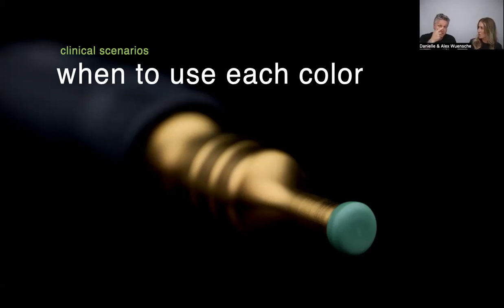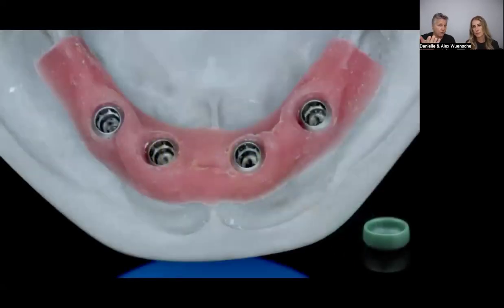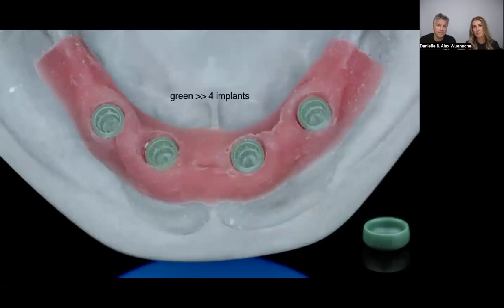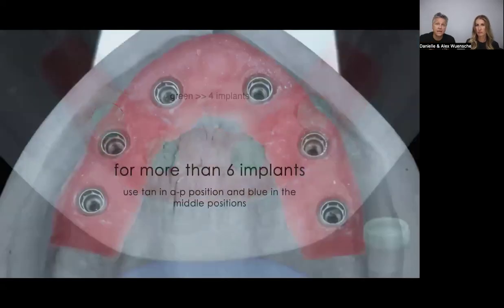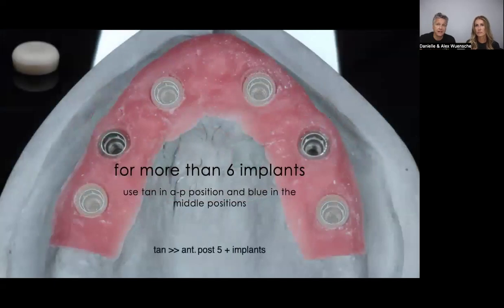On the Locator Fixed, the company will give you a chart of what color you have to use for what kind of situation or indication, right? You see here, for example, for 4 implants, the company recommends using the four green coatings. They're ideally the right pounds of force to keep that in place, since it's a fixed case. And for 6 implants, we see different color coding.